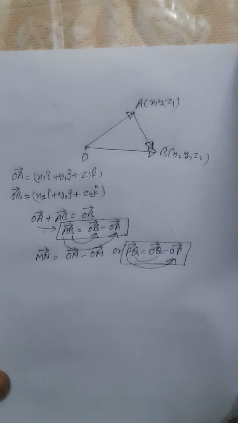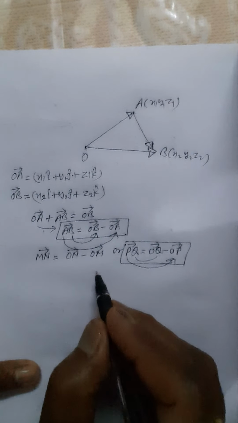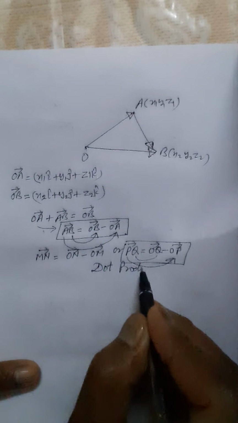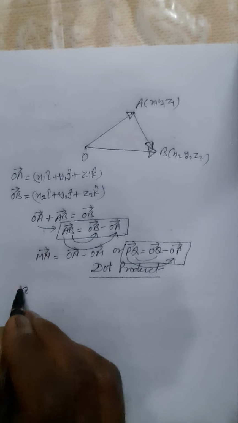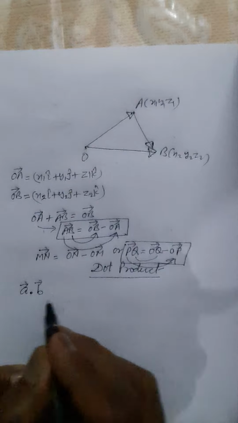So now I am going to tell you about the dot product of two vectors. Dot product, vector A dot vector B. Notation is dot.